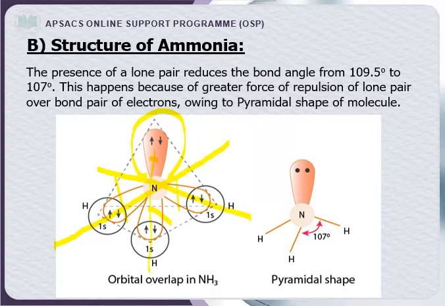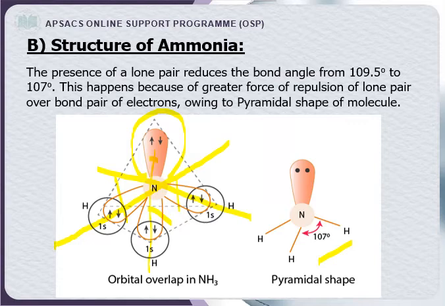So the lone pair presence will define its geometry. It will be tetrahedral, but in this tetrahedral the bond pairs alone will exhibit the particular geometry. It is the pyramidal geometry which is given by ammonia due to the presence of a lone pair in its structure, and here the angle is also reduced as the lone pair is holding more influence on nitrogen as compared to the bond pair.